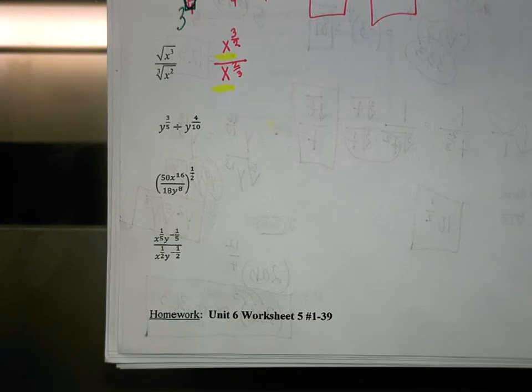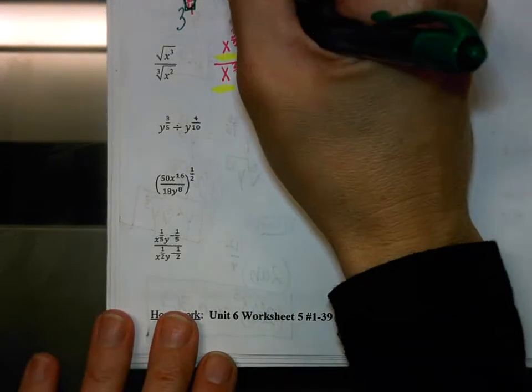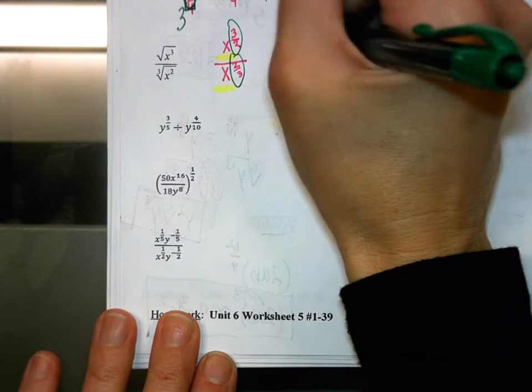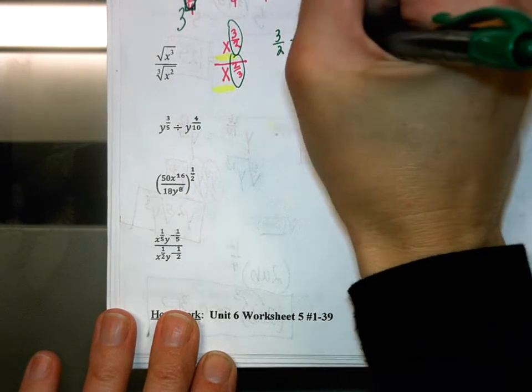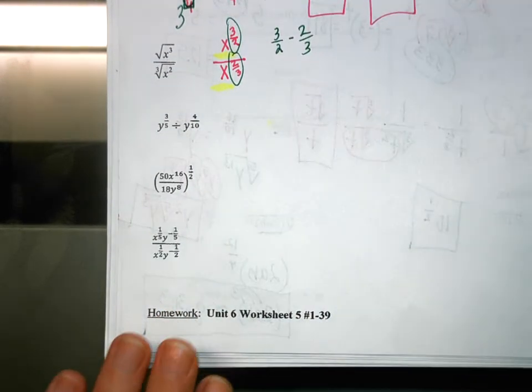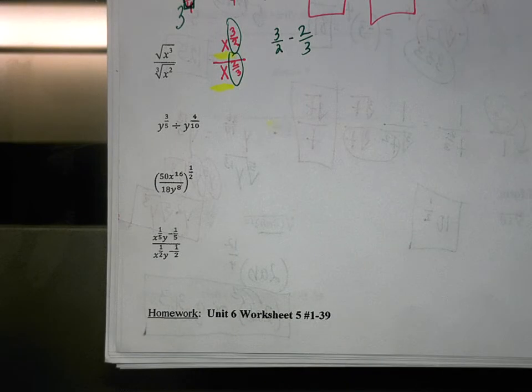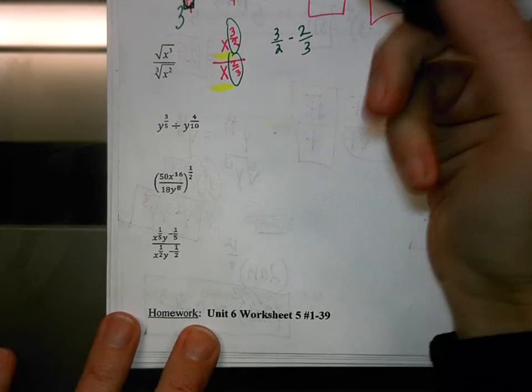We're not going to add the exponents because it's not multiplying. What do you do with the exponents when it's dividing? Subtract, right, Ethan? So I'm going to subtract these values: 3 over 2 minus 2/3. But in order to subtract fractions, you need what? Common denominator. What will be my common denominator? 6.